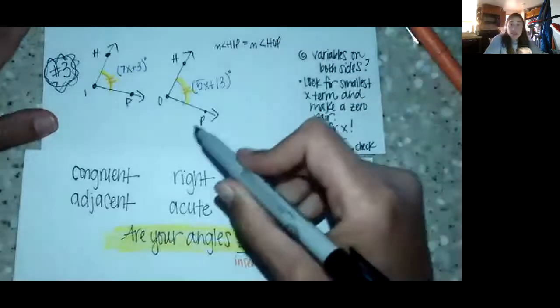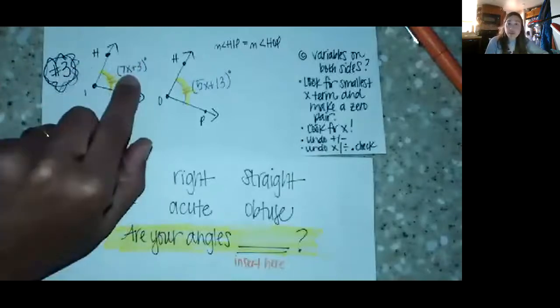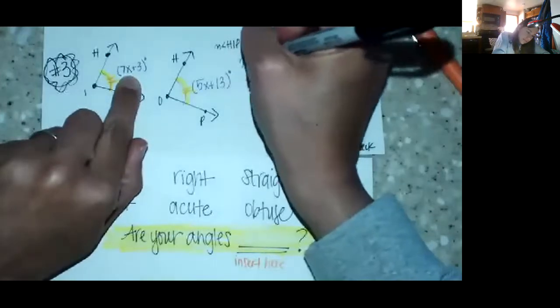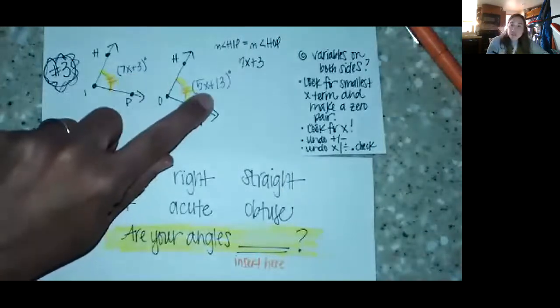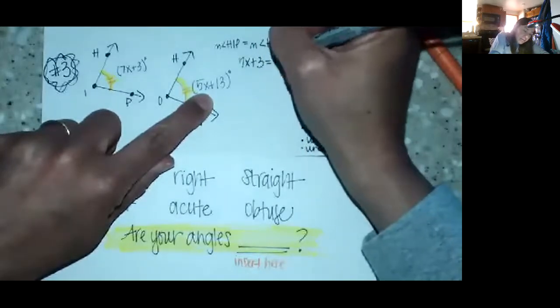So if HIP equals HOP, then what we have to do is set the two algebraic expressions equal to each other. So I'm going to take the measurement for HIP, which is 7x plus 3, and I'm going to set it equal to 5x plus 13, the measurement of HOP.